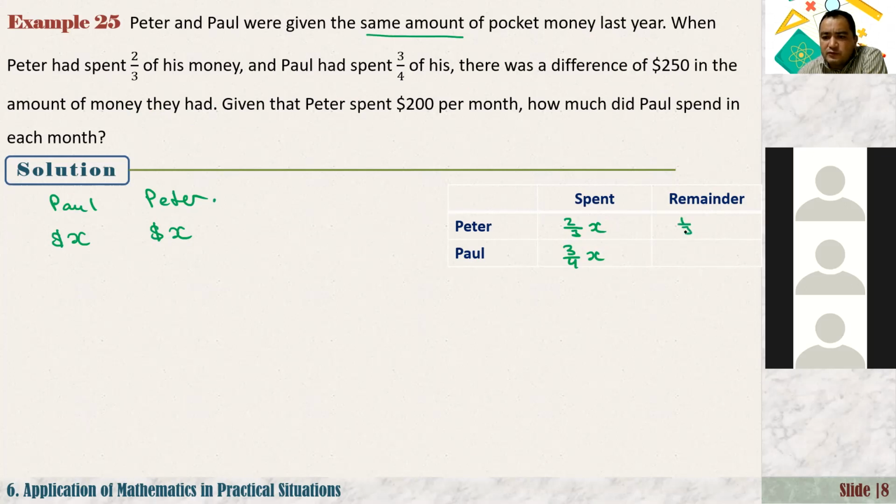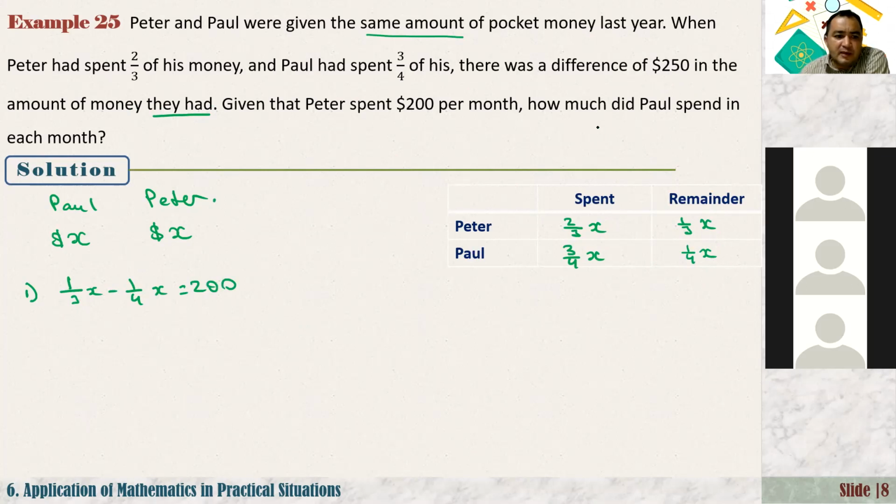It is 1/3x. How about this one? It is 1/4x, right? The difference here means the remaining amount. So the difference is 1/3x minus 1/4x.